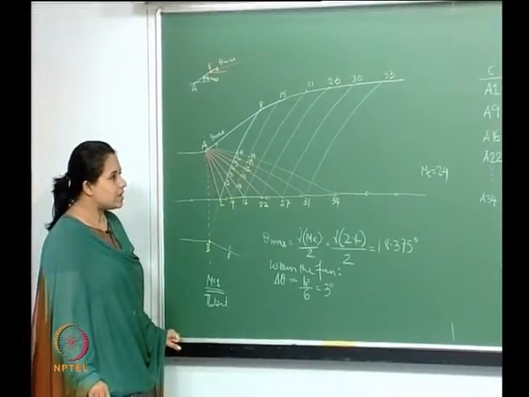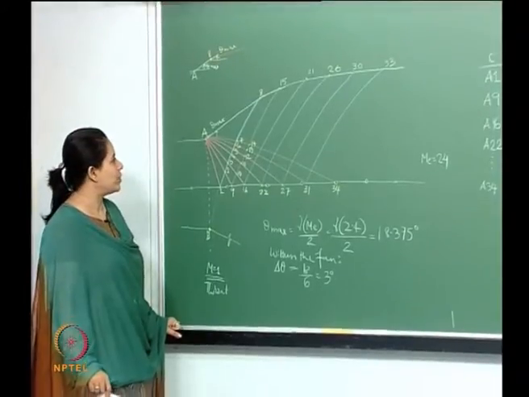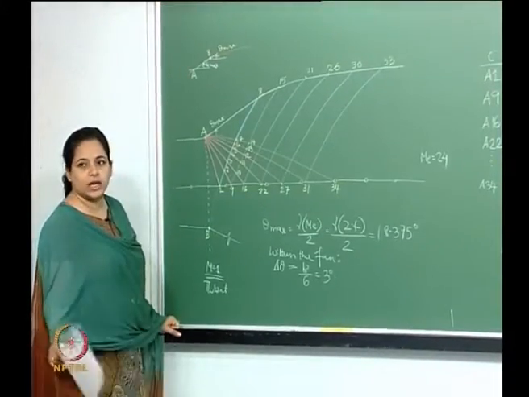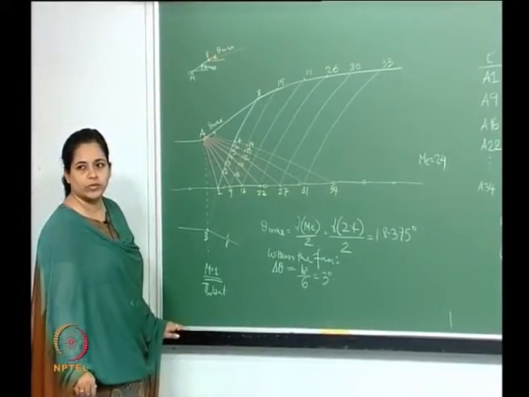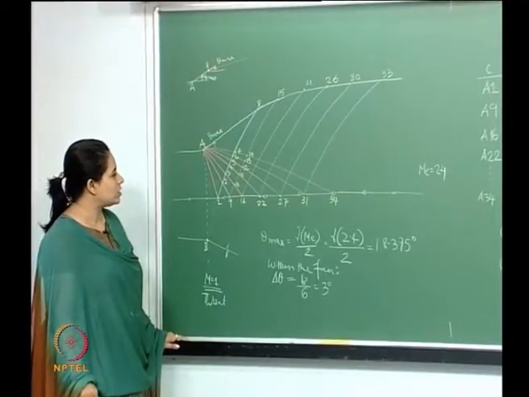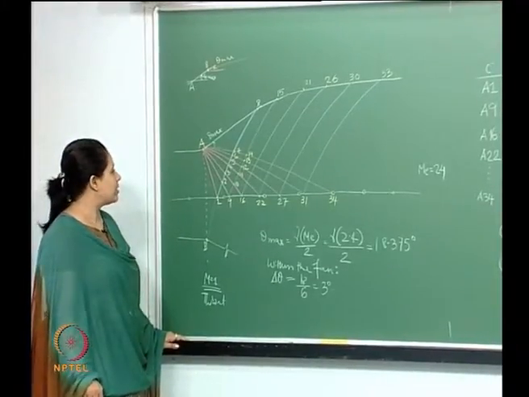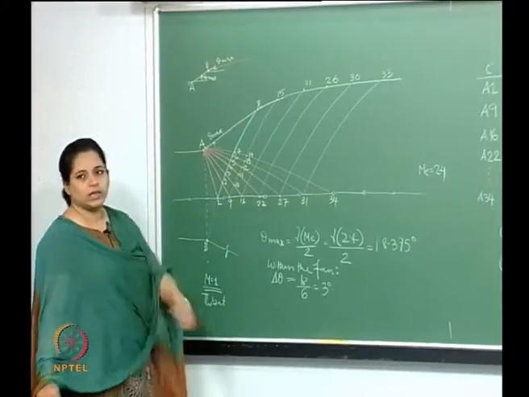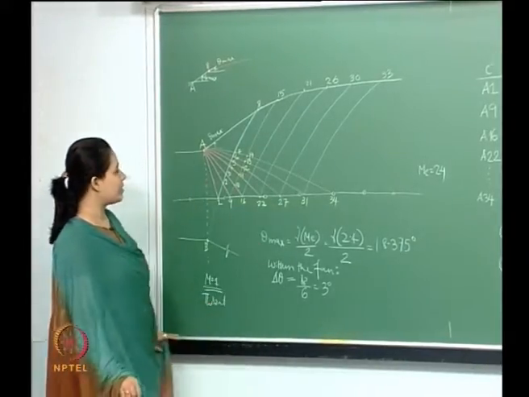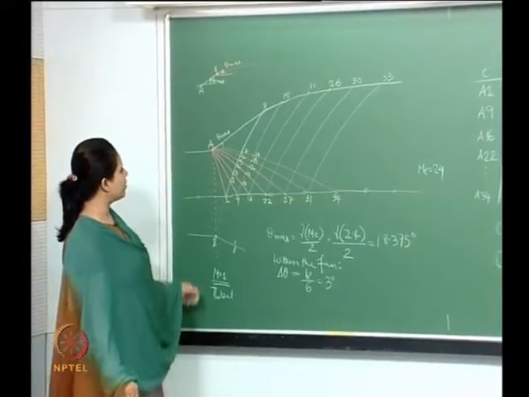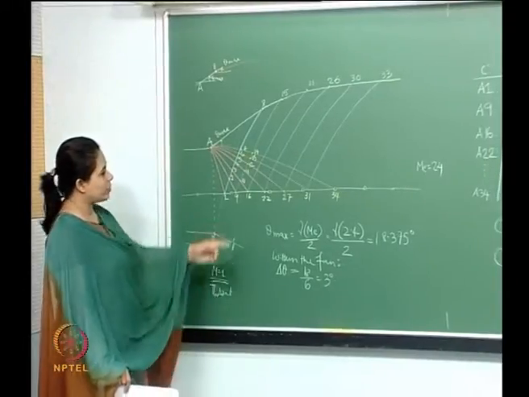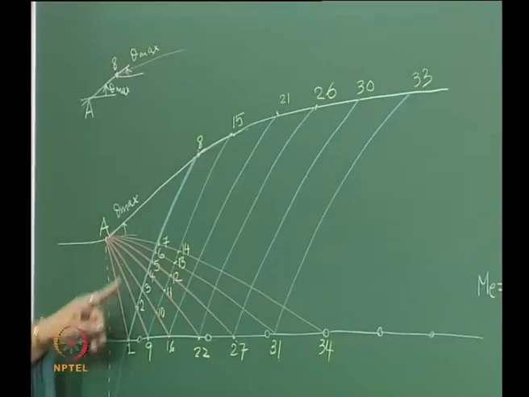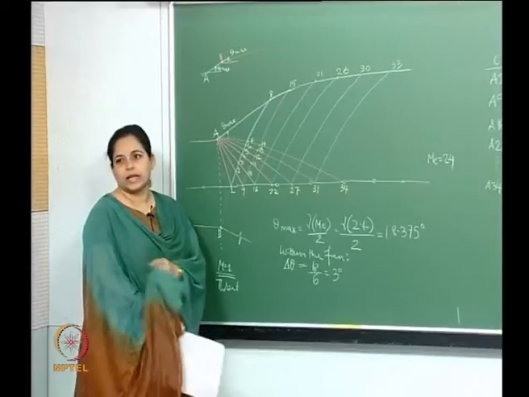So that's it. We started out with a problem where we had to design a minimum length nozzle which has an exit Mach number of 2.4. We used this mathematical method where we said it's going to be a centered expansion wave. So we got a grid something like this, which is a combination of left running and right running waves, and from that information we were able to calculate what theta max will be here, and then we got several points on the surface which we connected, like connecting the dots.